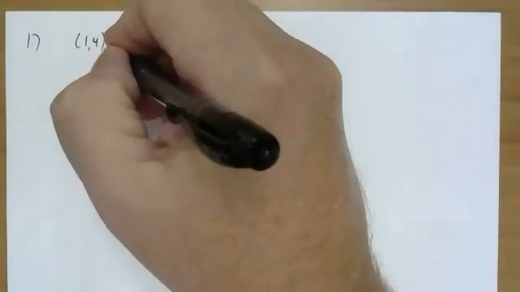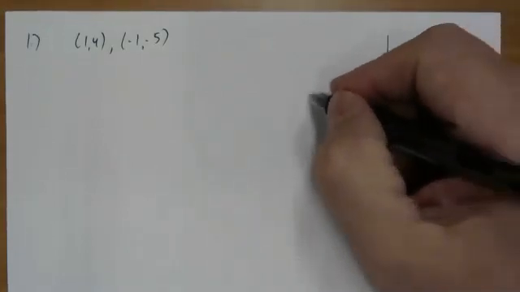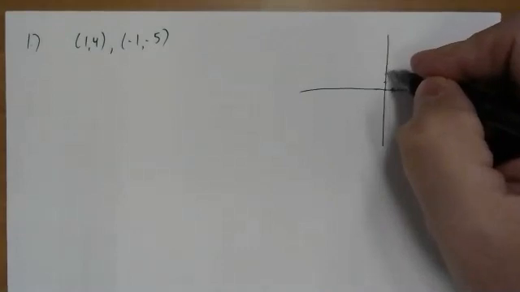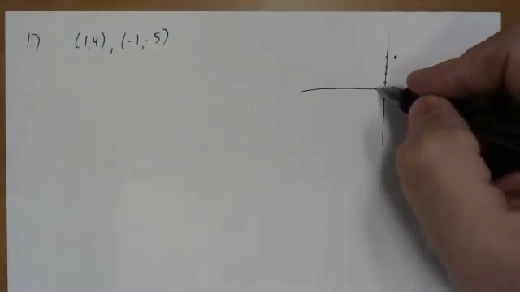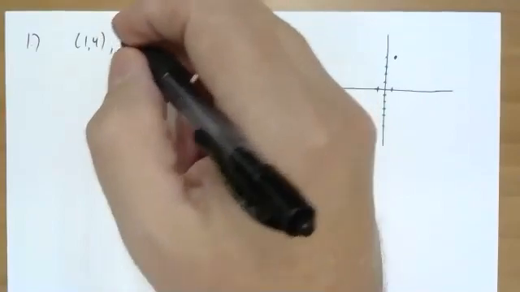So for number 1, 2 points are 1, 4, and -1, -5. So there's 1, 4, and -1, -5. All right, so there we go.